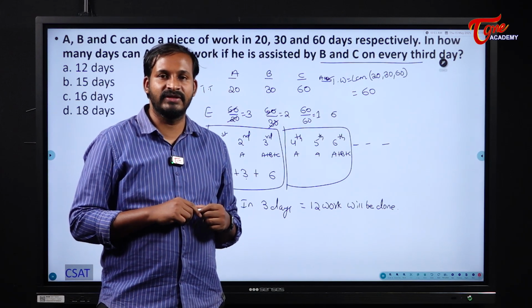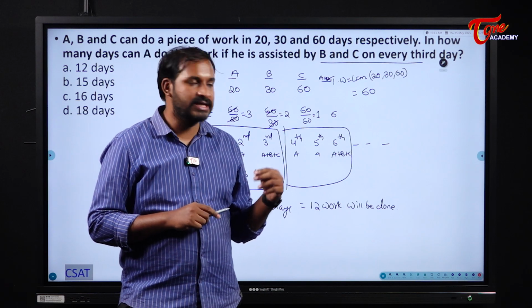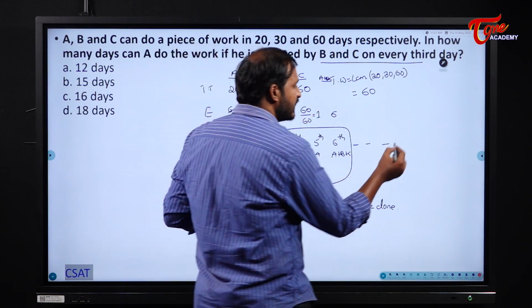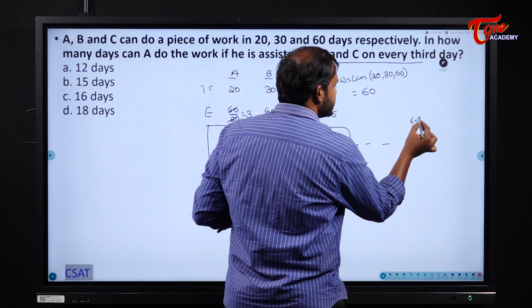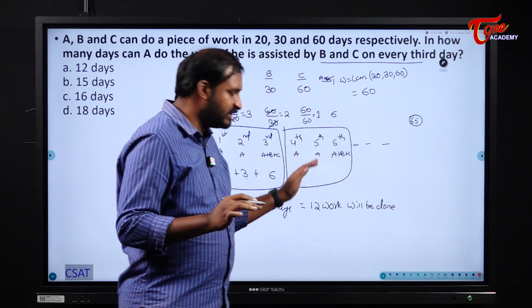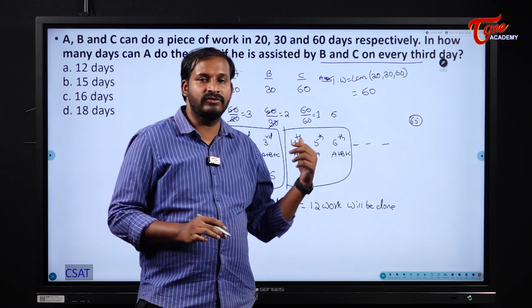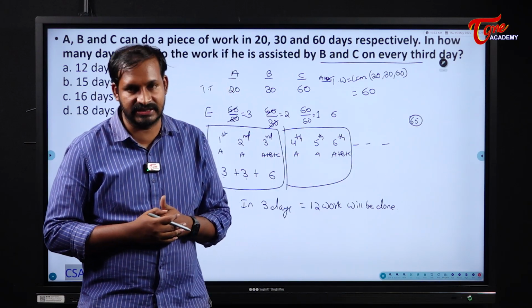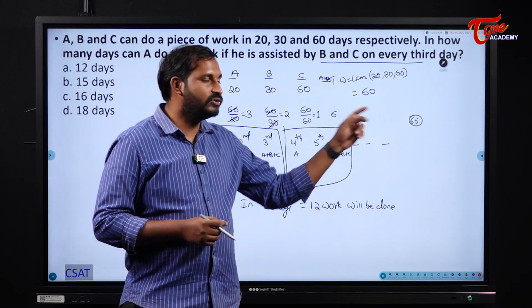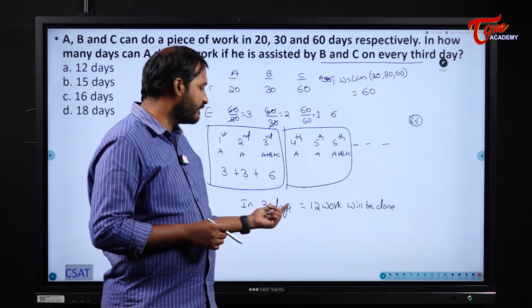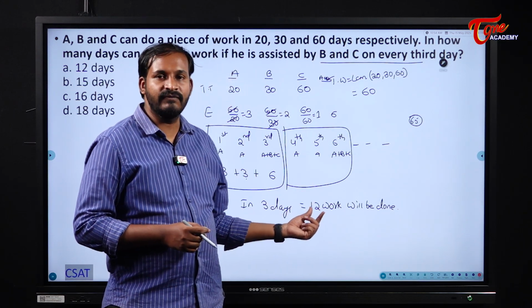But it will not happen in all the cases. So for example, instead of 60, for your understanding, if the total work is given as 65 for the same question, then what you should do is take the multiple of 12 nearer to 65 and less than 65, which is 60. So to do 60 work, it will take how many days? 3 into 5, 15 days.